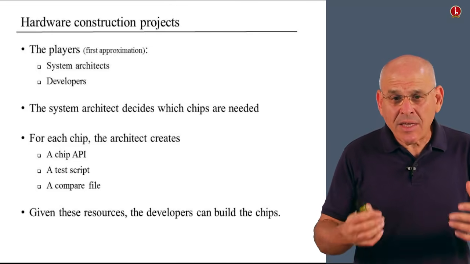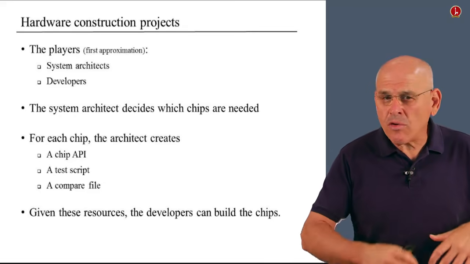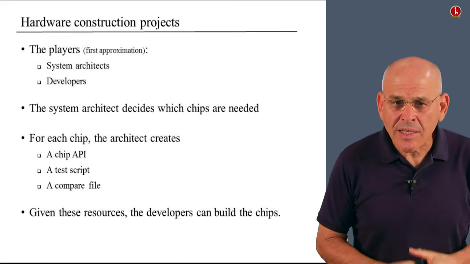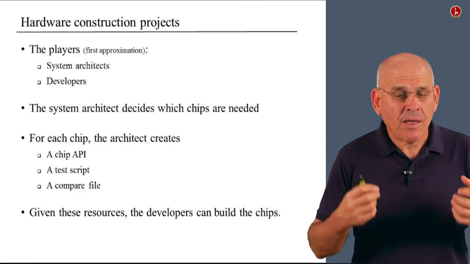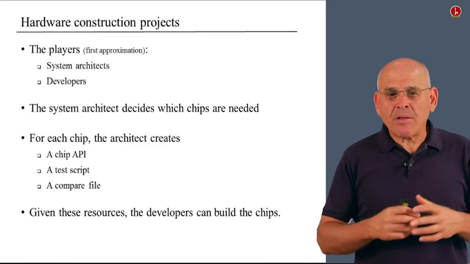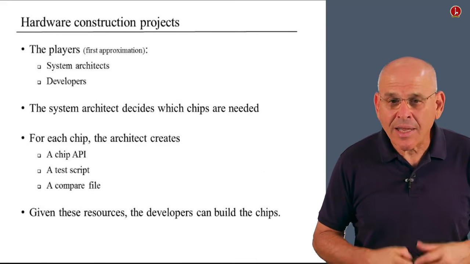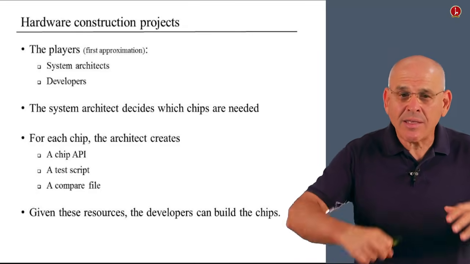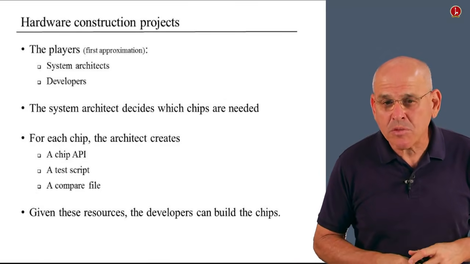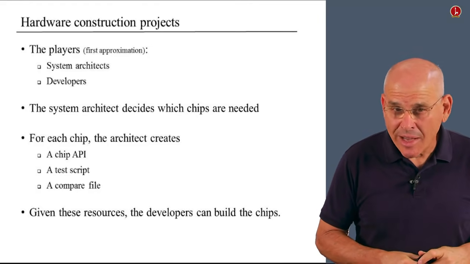And finally, given these resources, the developers can actually go out and build the chip. The architect can do behavioral simulation, or whatever they want, in order to test that everything fits together nicely, and at some point, the developers actually build this thing using HDL. So once again, that's an example of a well-planned modular design, and yet another example of divide and conquer: taking something very complicated and breaking it into a set of more manageable, smaller modules, each of which can be created and tested in isolation.